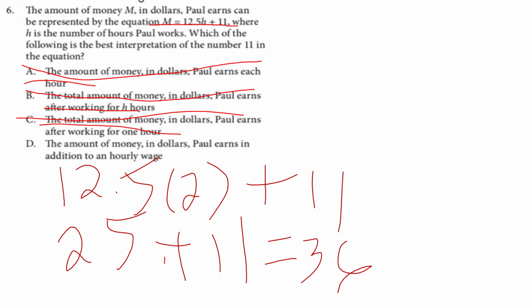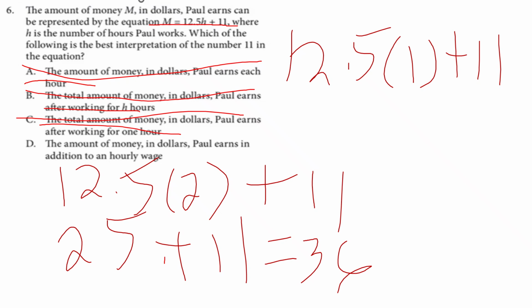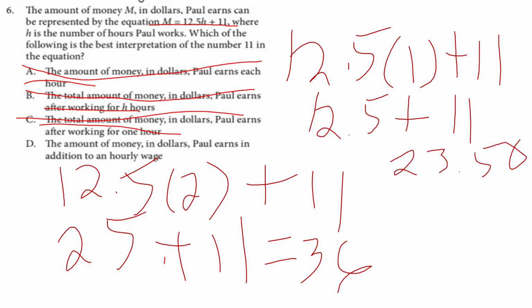If Paul worked 1 hour, 12.50 times 1 plus 11, that's 12.50 plus 11, which would give us 23.50. So as you can see, it is the amount of money that Paul's going to earn in addition to whatever the hourly wage is. So the answer would be D.